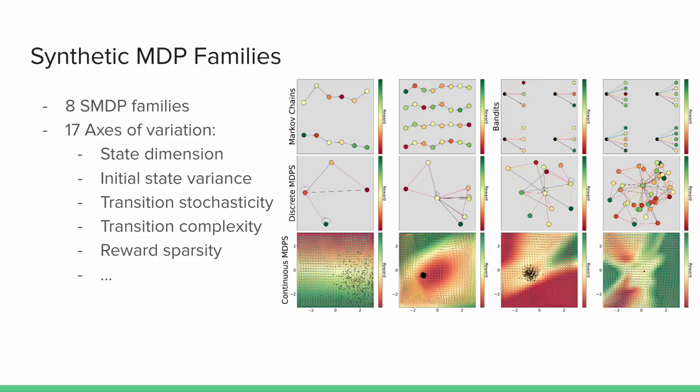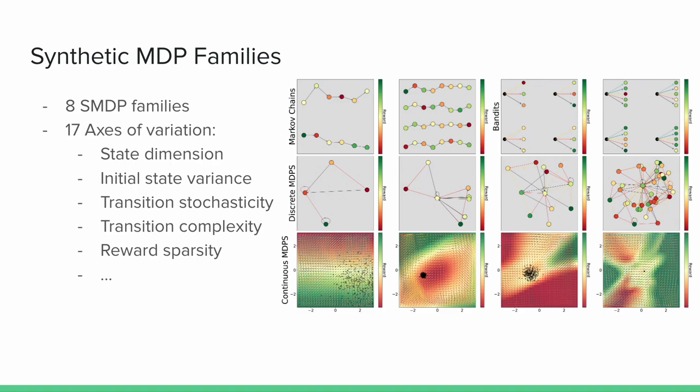We create many different families of what we call synthetic MDPs. These range in diversity from Markov chains and bandit MDPs to discrete, multi-discrete, and continuous MDPs. Some of the simpler, lower dimensional environments are visualized here for you. Each family defines the state space, transition function, reward function, and observation function, and so on to construct the full MDP.